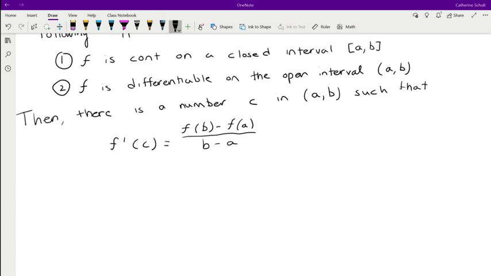And then there's an alternative format. Essentially, what they do is they take the denominator and multiply both sides by the denominator. So an alternative form, it's the exact same thing, just cross-multiplied. So f of B minus f of A equal to f prime of C times B minus A. Okay, so we can use either form.